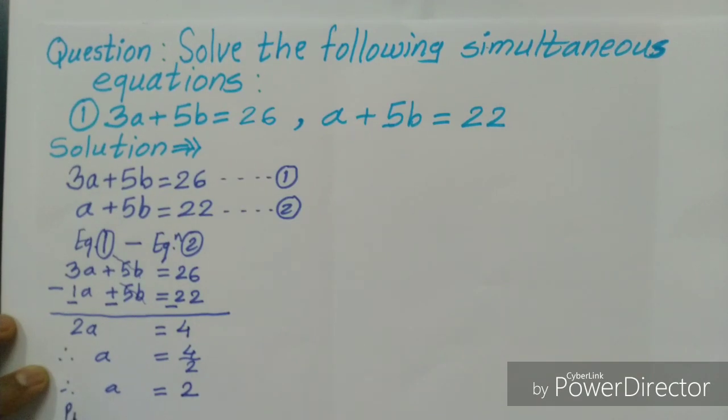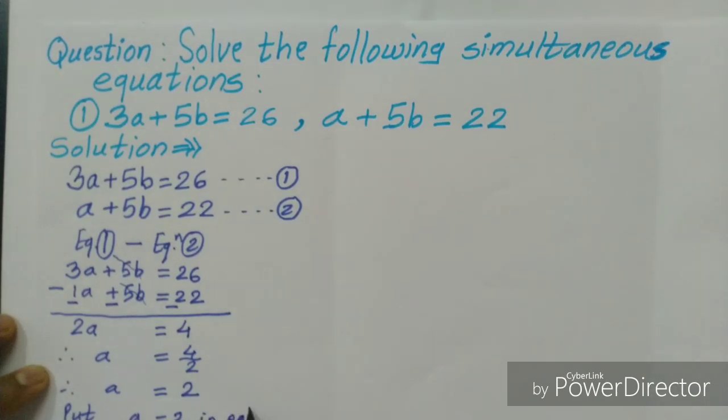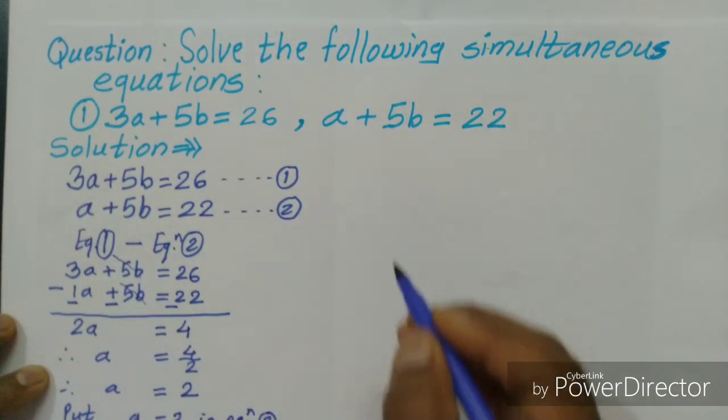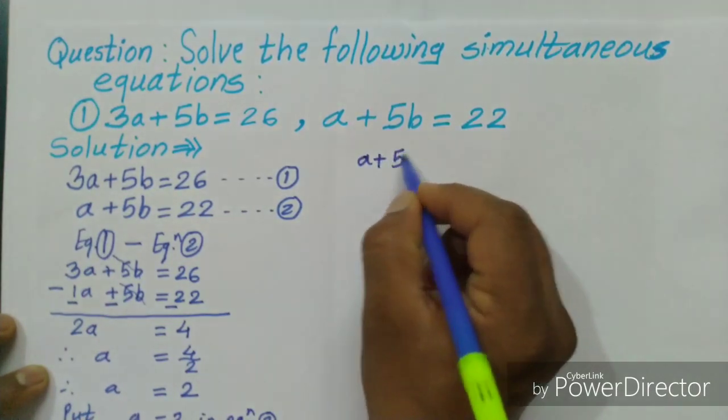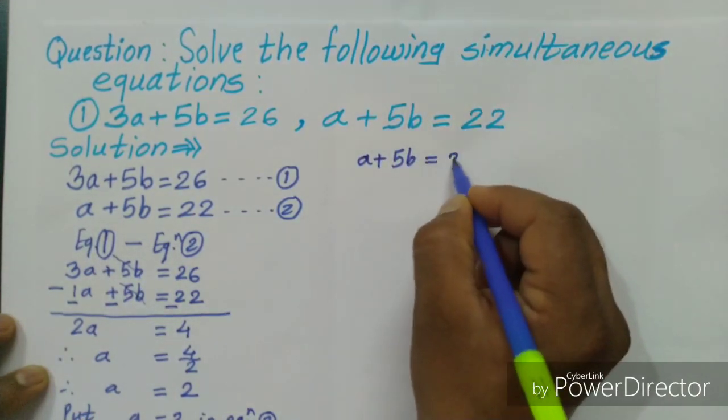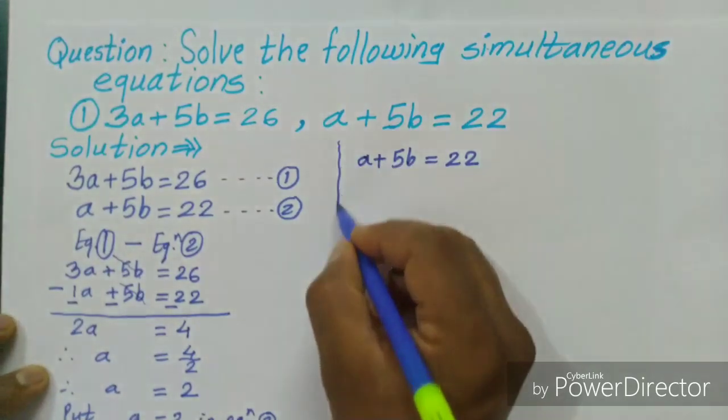Put a is equal to 2 in equation 2. Equation 2 is a plus 5b is equal to 22.